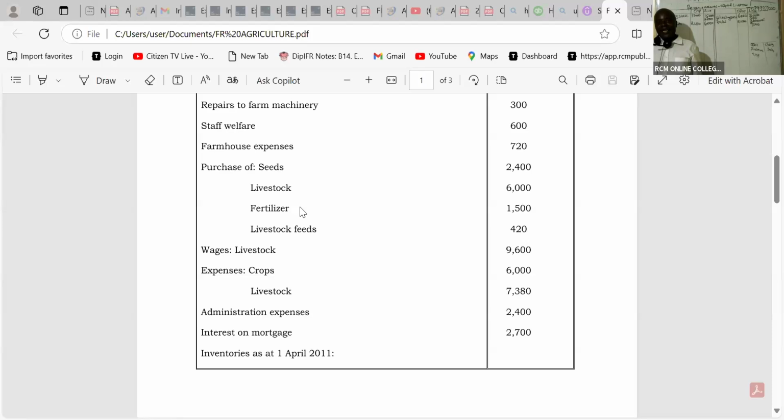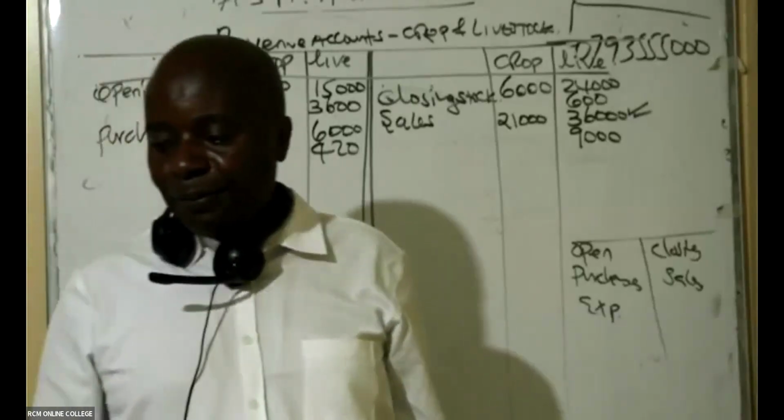No. Fertilizers are enhancers for these crops. So fertilizers will go under crops. We purchased fertilizers worth 1,500. We write that under purchases of crop. And then of course you can see we purchased livestock feeds for 420.